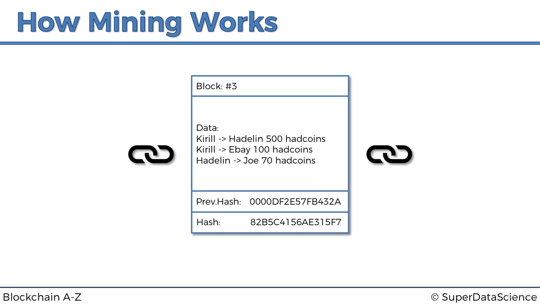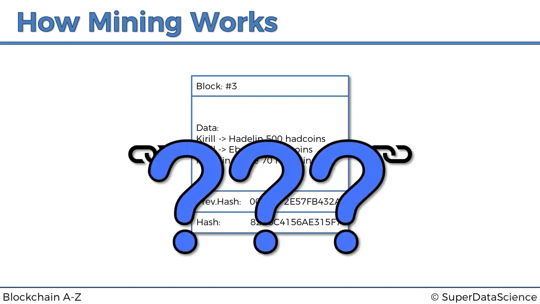And so this instantly raises a question. If it's so simple to just take the block number, the data, and the previous hash, put them into a hashing algorithm, and get a hash out, which takes like half a second, then what's the whole fuss about mining?